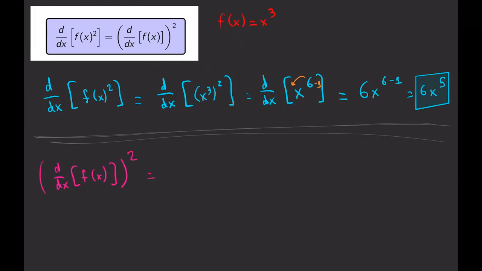Before, I squared it, and then I took a derivative. So if I do d dx of x cubed, that's our function. We've already done this, we get 3x squared, just using the power rule, and I'm squaring that. So if I square this, I get 9x to the 4th, and that's really not even anywhere close to our 6x to the 5th. So clearly this is one example of how it doesn't work.